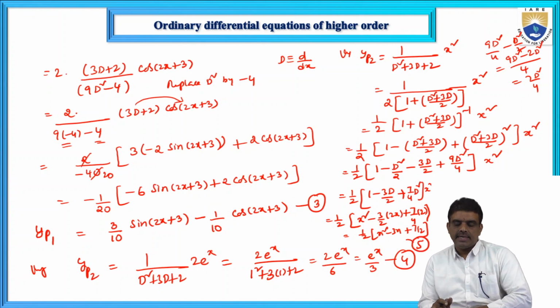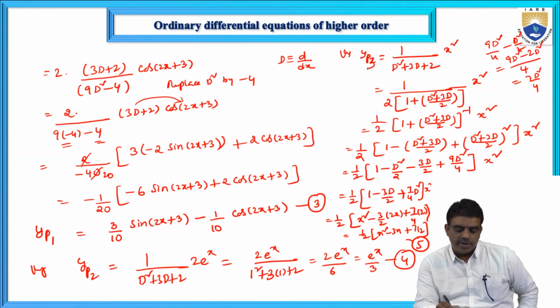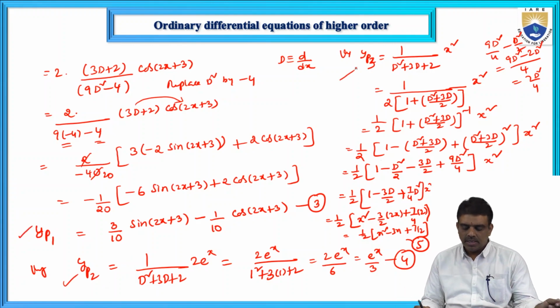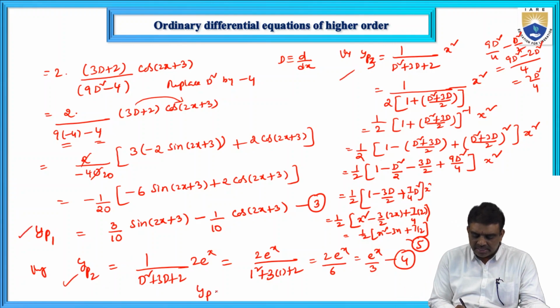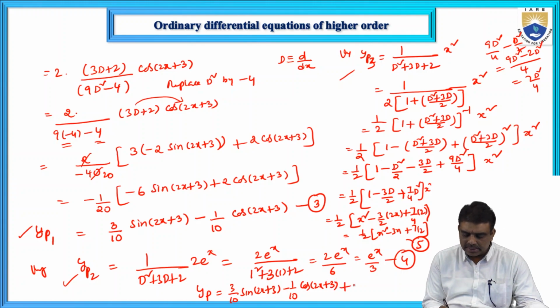What is this particular integral? yp3, not yp2, yp3. This is yp1, this is yp2, this is yp3. So on adding all these three, yp is equal to, what you will get? 3 by 10 sine 2x plus 3 minus 1 by 10 cos 2x plus 3, then plus e power x by 3, last one 1 by 2 x square minus 3x plus 7 by 2.